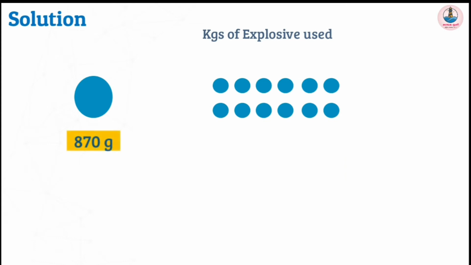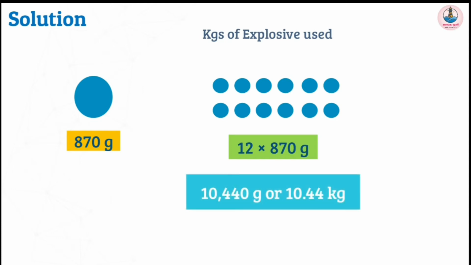They are blasting 12 holes per blast. So, 12 into 870 grams, we are getting 10.44 kg.